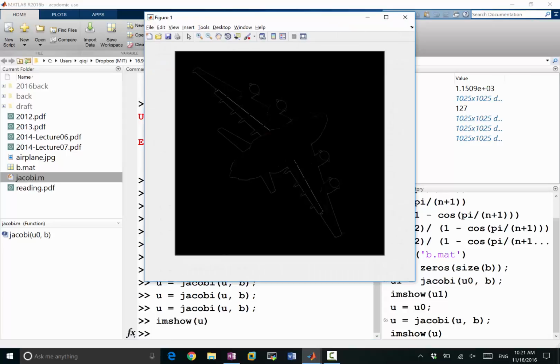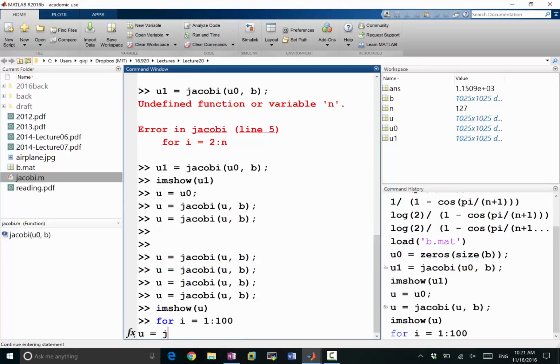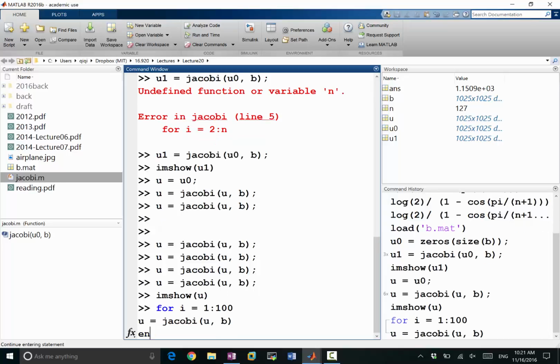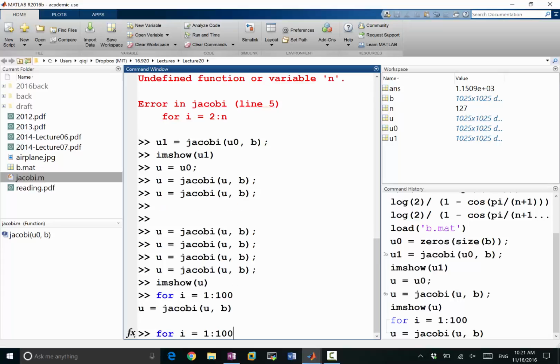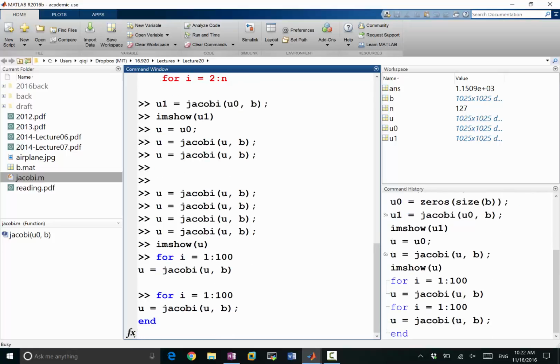So we start to see some contour. You may be able to see something white about it, right? And I can do for i equals 1 to 100, u is equal to Jacobi of u and b. I probably need to put a semicolon so that I don't get crazy output.